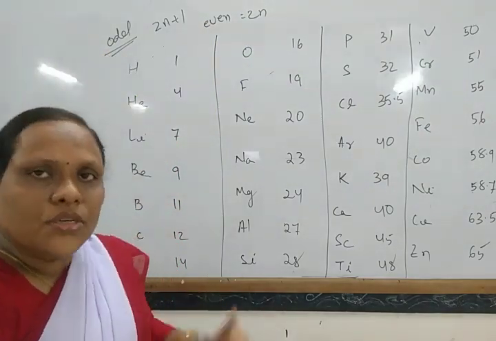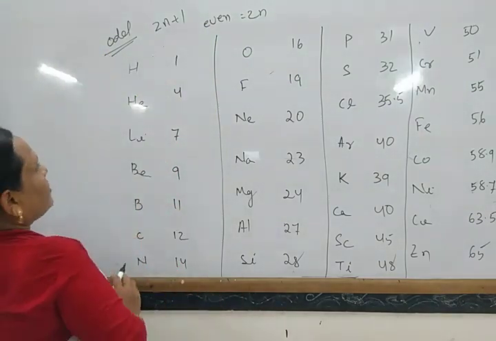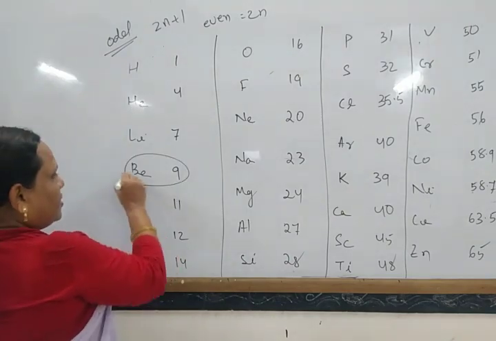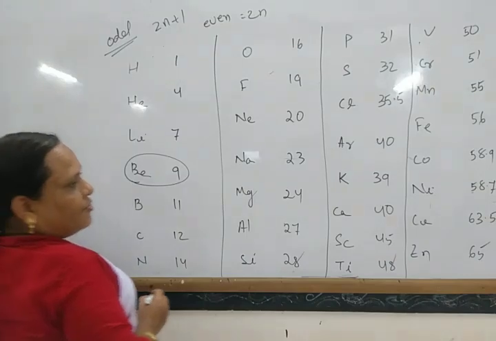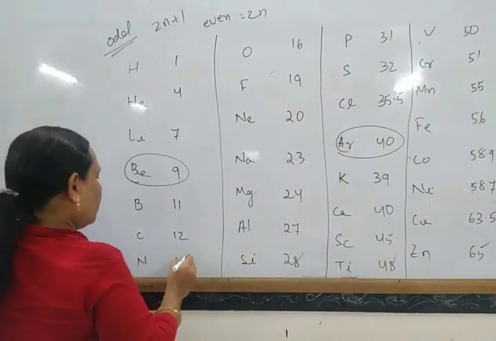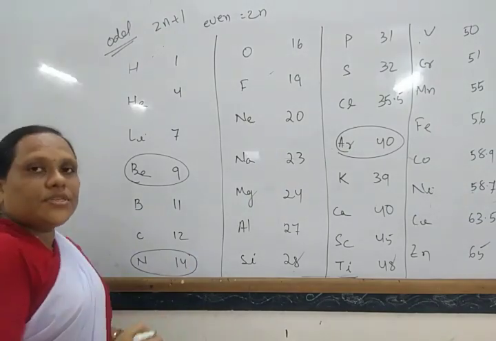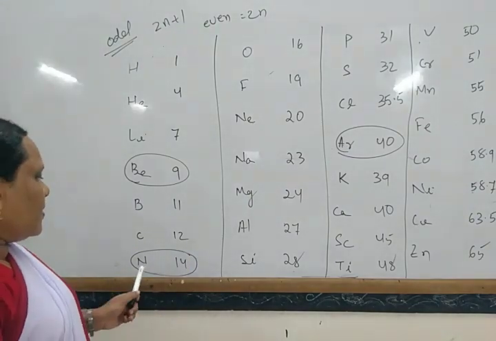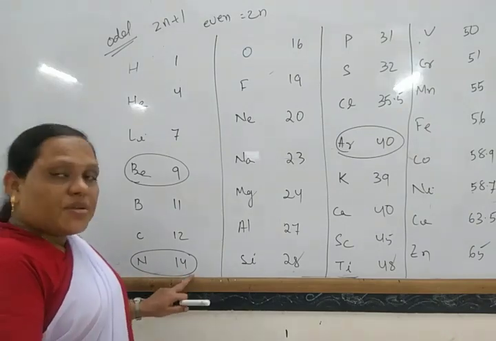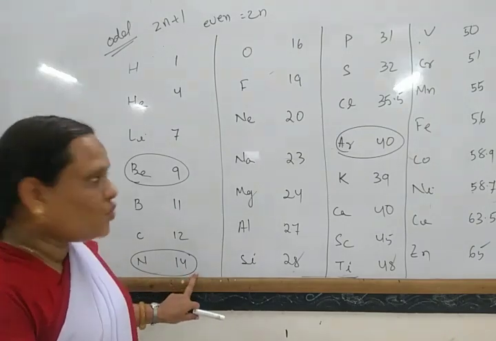But there are also some exceptions. Beryllium is one exception, argon is one exception, and nitrogen is one exception. Although it has atomic number 7, its atomic mass is 14, just 2n.